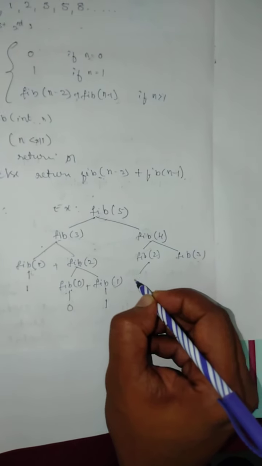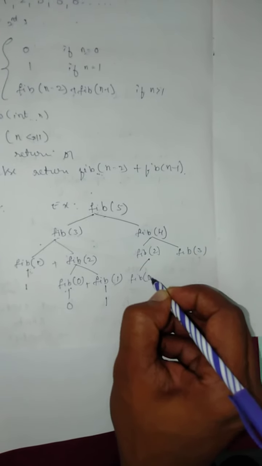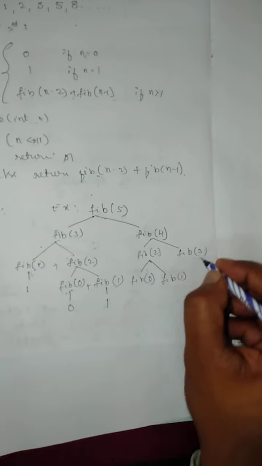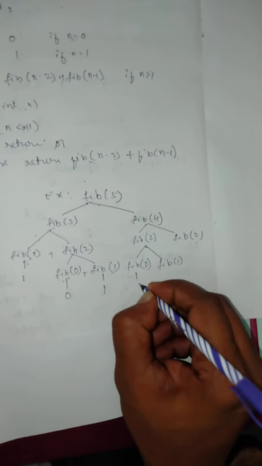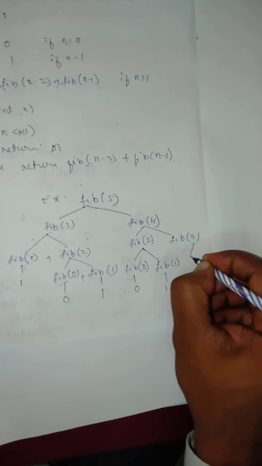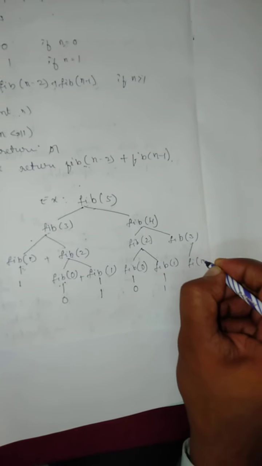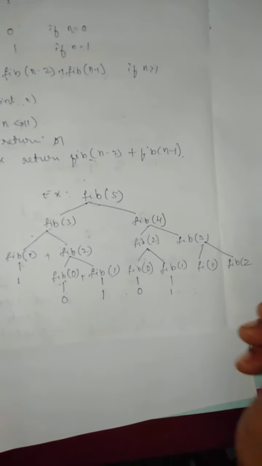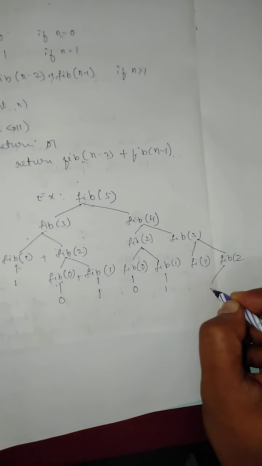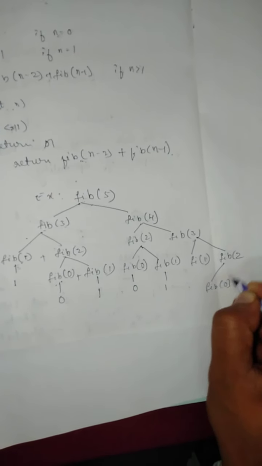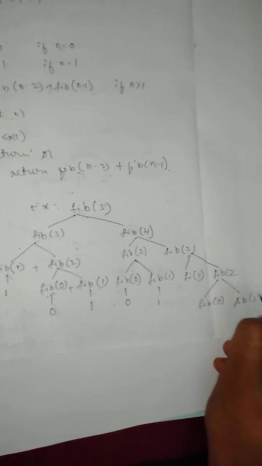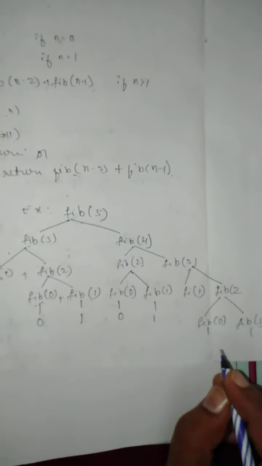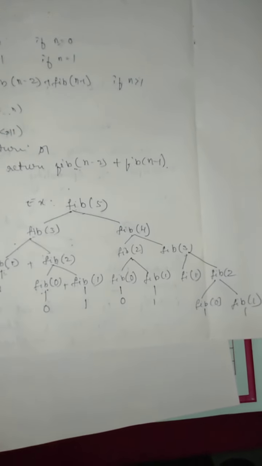Next, fib of 2 calls fib of 0 and fib of 1, where fib of 0 is 0 and fib of 1 is 1. Fib of 3 once again calls fib of 1 and fib of 2, and fib of 2 calls fib of 0 and fib of 1, okay. So this is how the decision tree is, right.